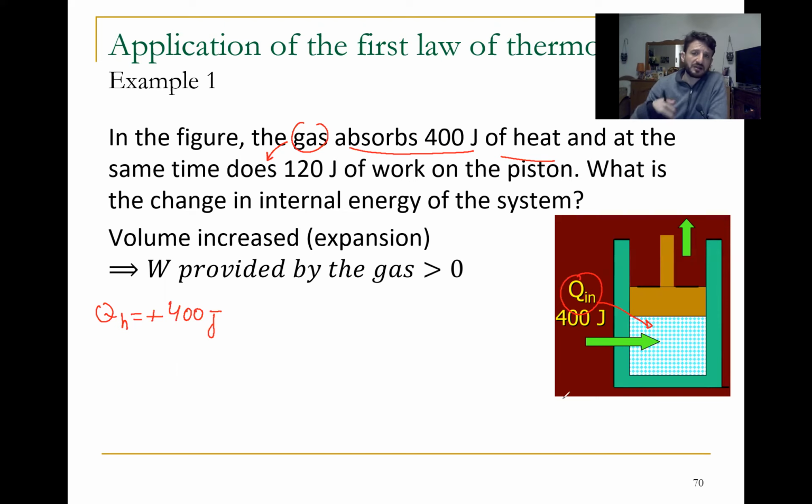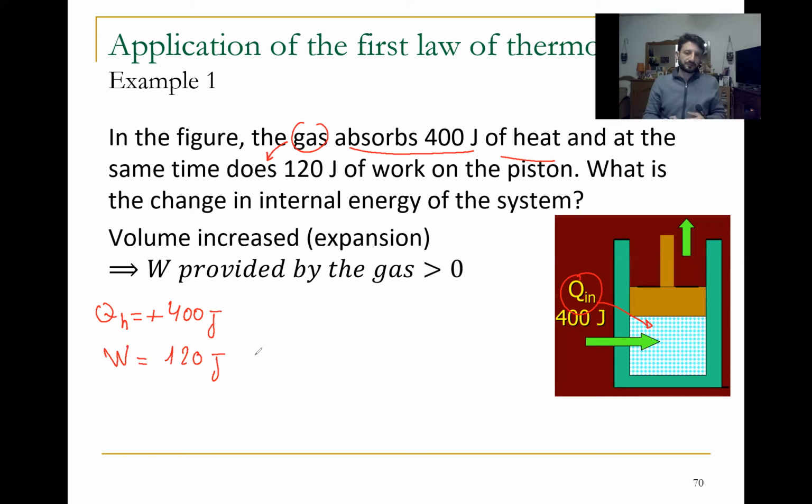In this case, the volume will increase, the pressure of the gas increases, and the gas will push the piston up. So as the volume increases, if we have an expansion of volume, in this case omega must be positive. I am talking about omega of the gas, so it equals 120 joule.